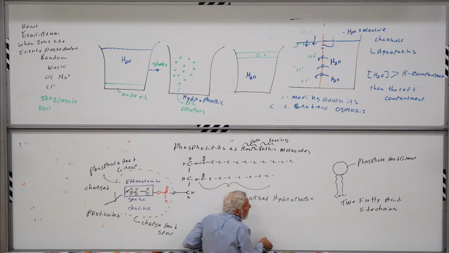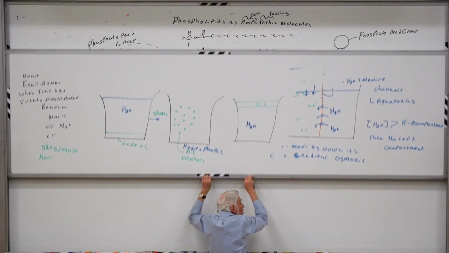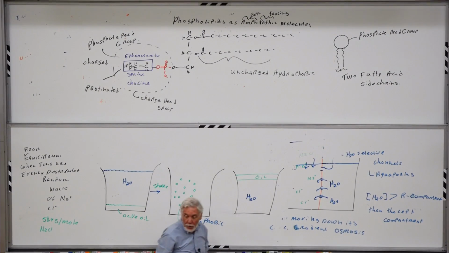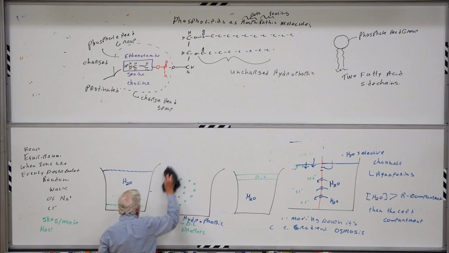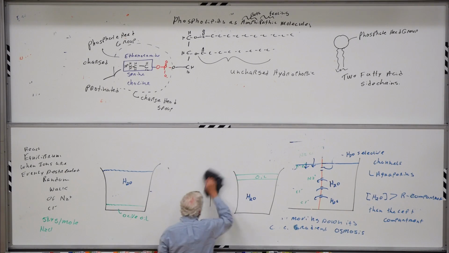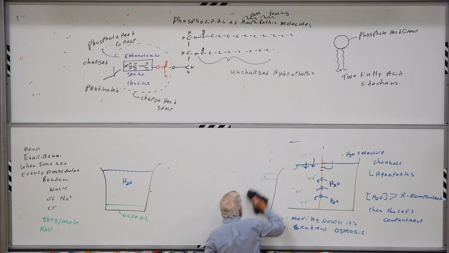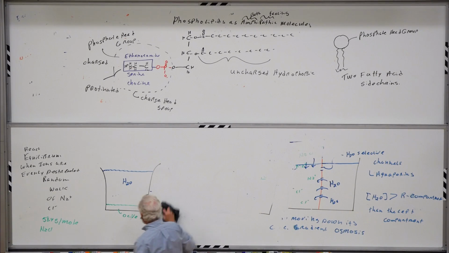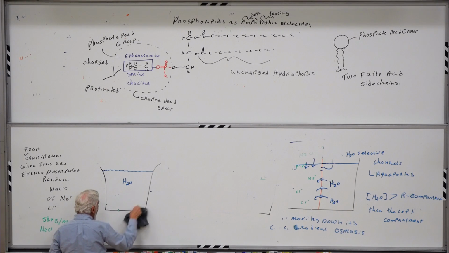Well, let's imagine some thought experiments where we can get those molecules to interact with water. So in this first experiment, I'll just use the carafe. In this thought experiment, now you can't really do this biologically, but I think it's a useful way to think about these molecules. So let's imagine we have this carafe. We won't have any olive oil in it. It's just a carafe of water.